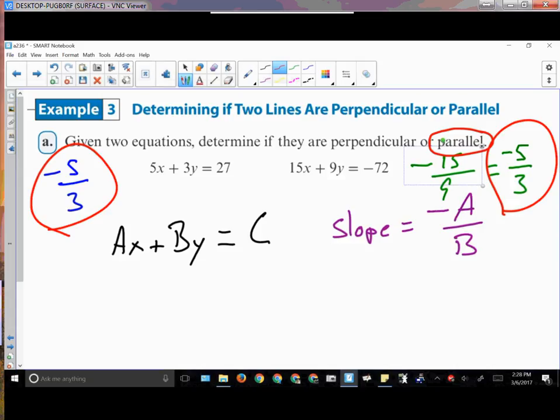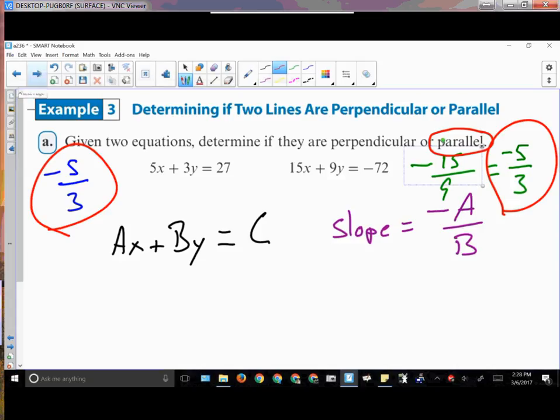Otherwise, you end up having to put it into slope-intercept form, plug in a bunch of values, come up with an XY chart, graph the line if you have to do it that way, and then look at that. Or by slope-intercept form, you'd have the line there with the slope. All depends upon what you see.